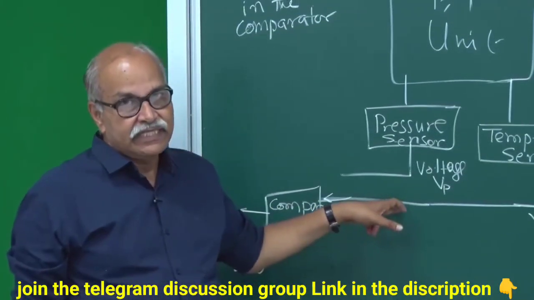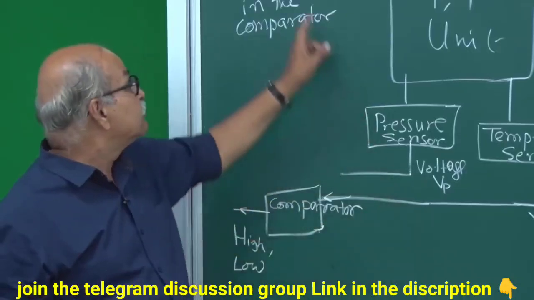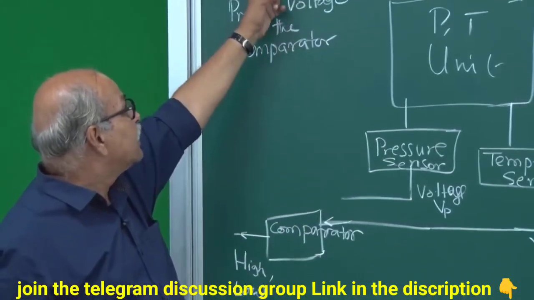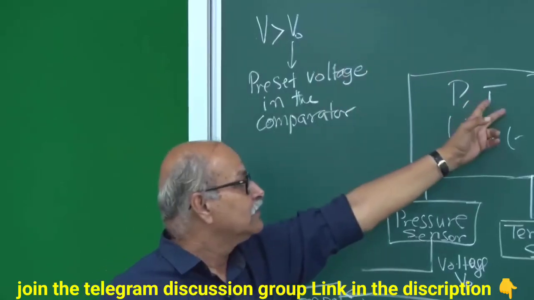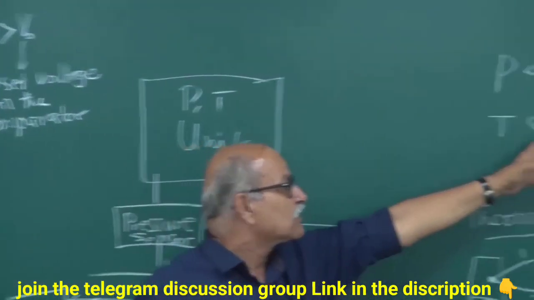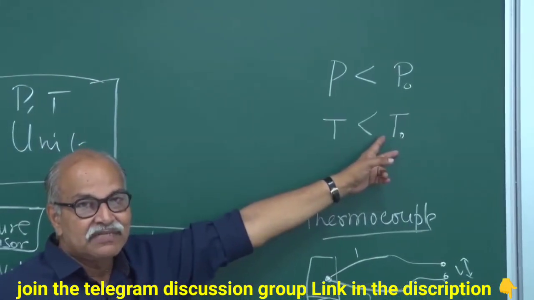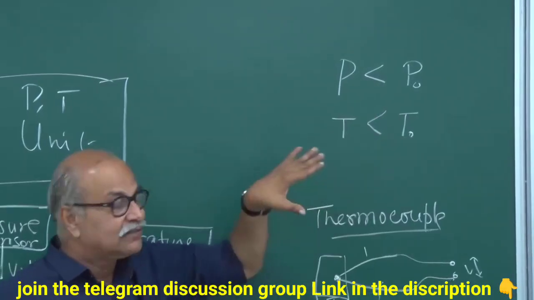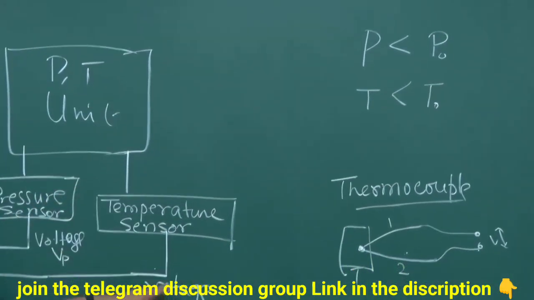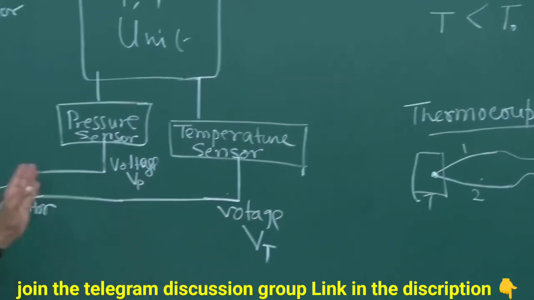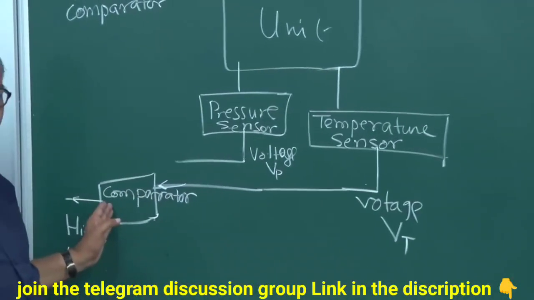If it is more than this V naught, and this V naught I can set corresponding to that limit T naught. Suppose 370 degrees Celsius. I know at 370 degrees Celsius how much voltage will be created here, so I can put that as the preset value.